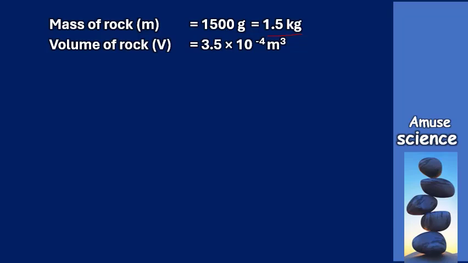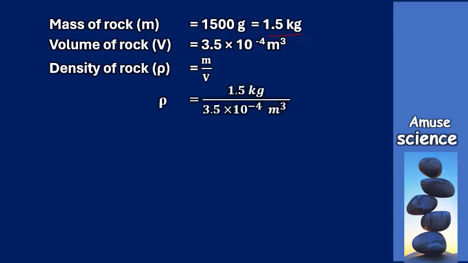And so 1,500 grams is equal to 1.5 kilograms. Once again, you can check out our video on conversion of units. The volume of the rock is 3.5 times 10 exponent minus 4 cubic meters.